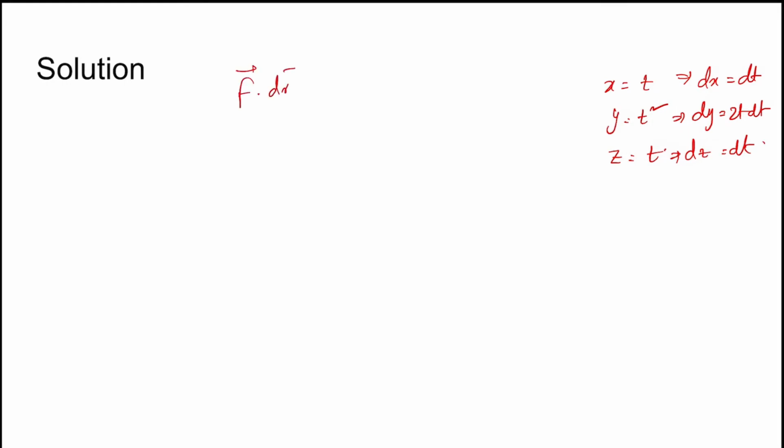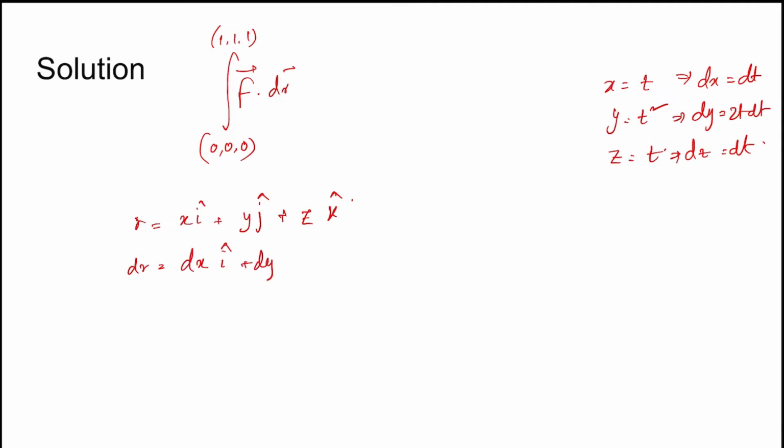F dot dr is the integration that we need to perform from r equal to (0, 0, 0) to (1, 1, 1). r equal to x i cap plus y j cap plus z k cap, dr equal to dx i cap plus dy j cap plus dz k cap, f equal to fx i cap plus fy j cap plus fz k cap.